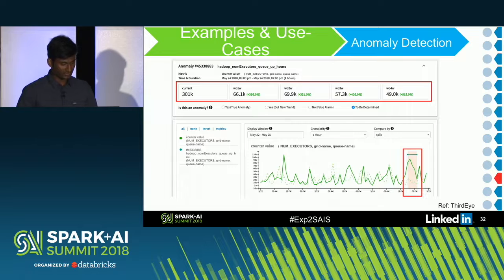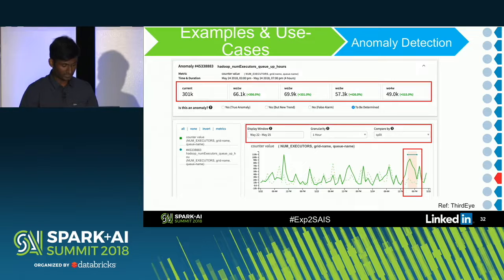It also tells us what the anomaly region is, what the investigation region is that you need to look into, what the time range is, and what the granularity is. You can then correlate it with other metrics, split them, and see how this metric is varying. And finally, if you do think it is an anomaly, you can provide feedback and say this is an anomaly or this was a false alarm.